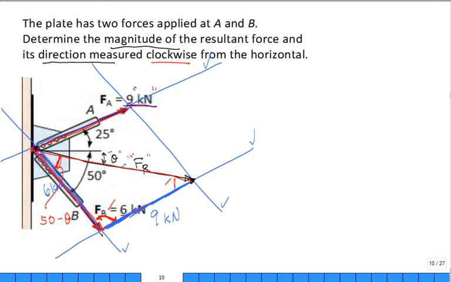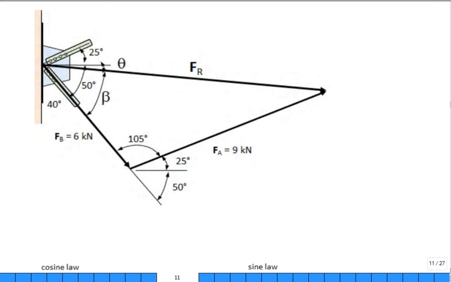Over here we want to get the length of that side of the triangle, F_R, in kilonewtons. We stare at this a long time and think, okay, the tools I have are the cosine law and the sine law. After a while you deduce that I can probably figure out this interior angle easiest. Let me go to another slide. On this slide I have a clearer, cleaner description of that triangle.